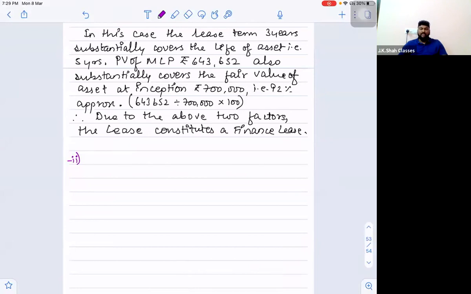Everybody, one small suggestion: if you are using a mobile connection, that is mobile data, please try to sit nearby a window or try to sit in an open place. Means if you have a balcony at your place or if there is an open terrace or something like that, please go and sit there because you will get a good connectivity. Don't sit in a closed room or something like that. You will have a poor network connection.